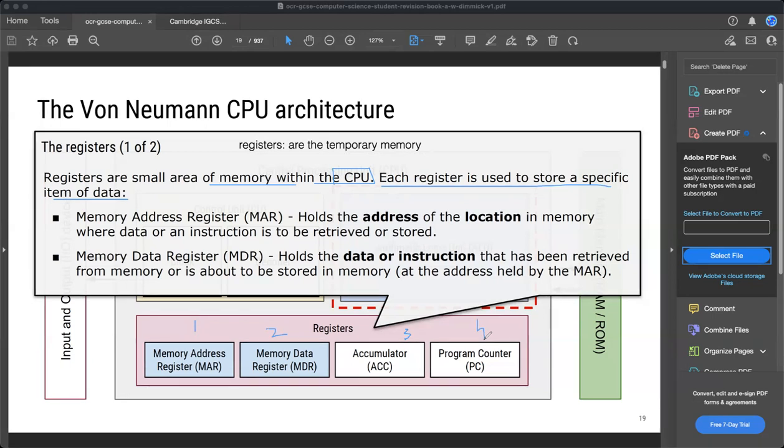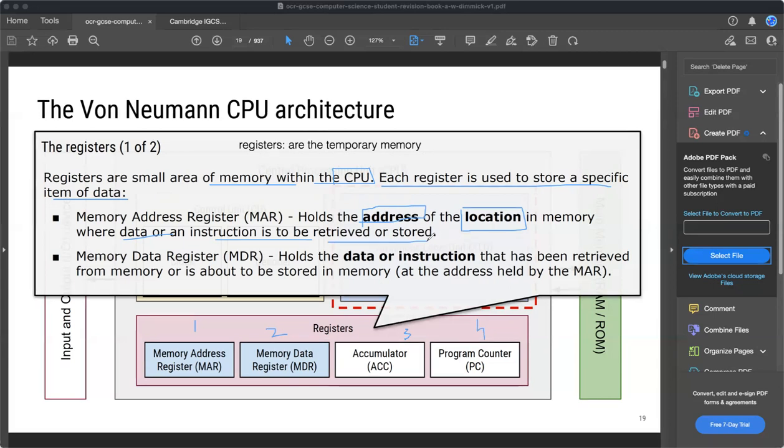The first one is the memory address register, MAR, which holds the address and location in memory where data or an instruction is to be retrieved or stored. Do you understand what it means?